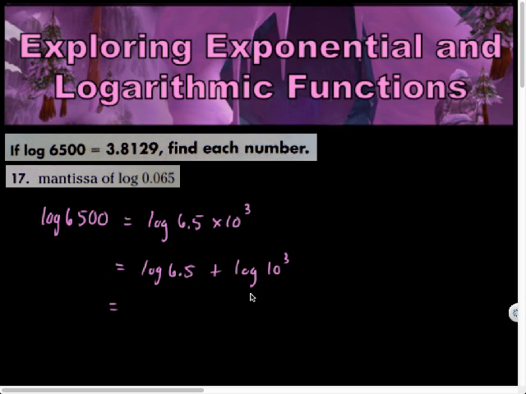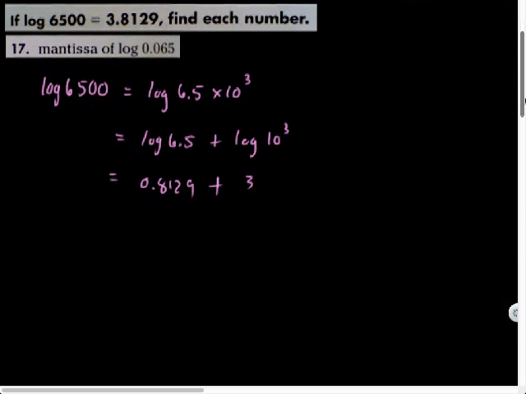The log of 10 to the third is equal to 3, and the log of 6.5 would have been 0.8129. So this is the mantissa, and this is the characteristic.